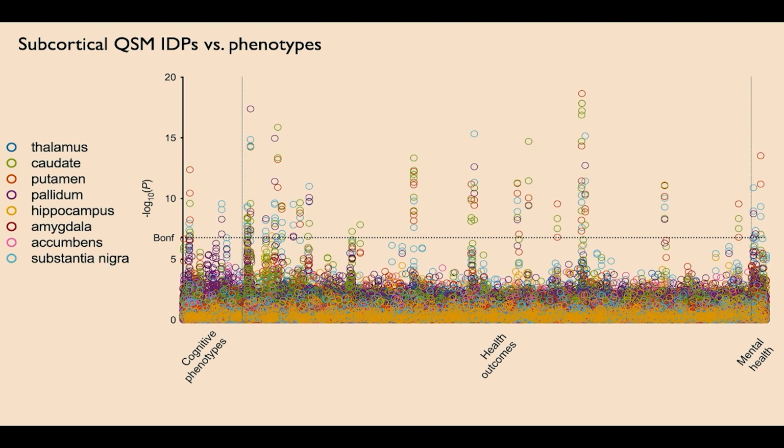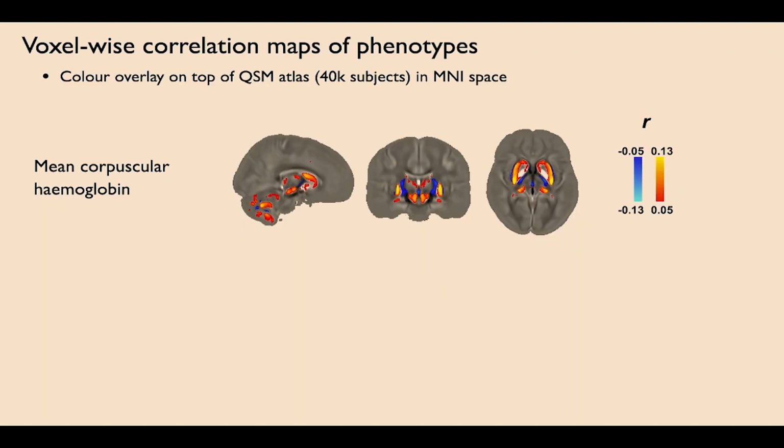This Manhattan plot shows associations with three other phenotypic categories: cognitive phenotypes, health outcomes, and mental health. As you can see, again, many significant correlations pop up, including diagnosis of anemia, which is negatively correlated, and diagnosis of diabetes, which is positively correlated with QSM IDPs.